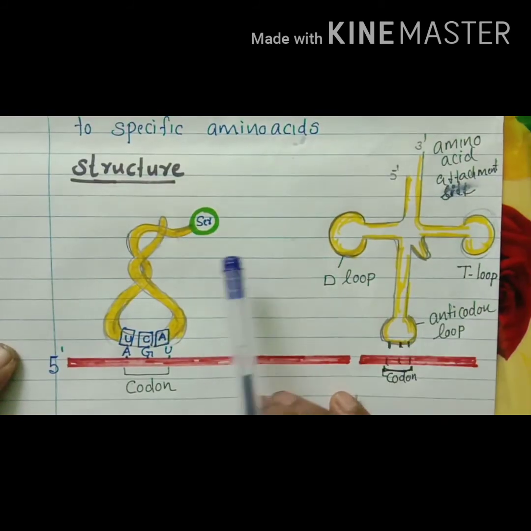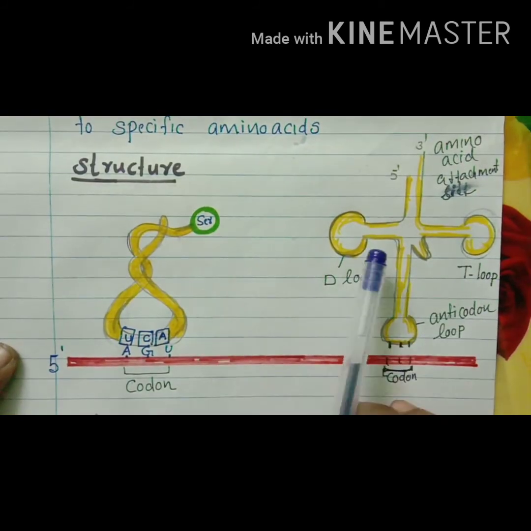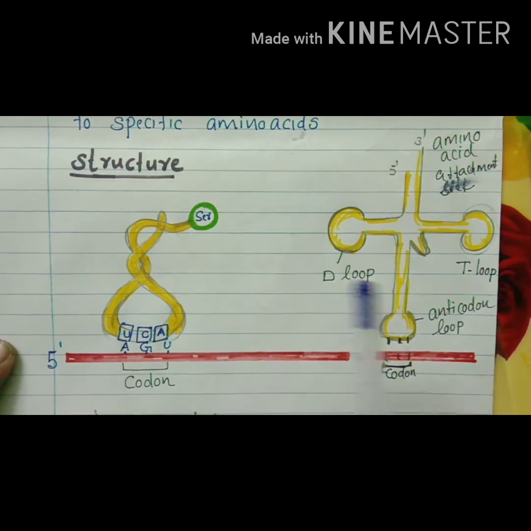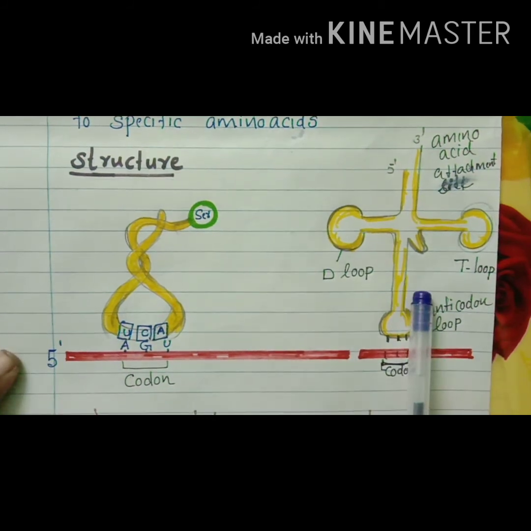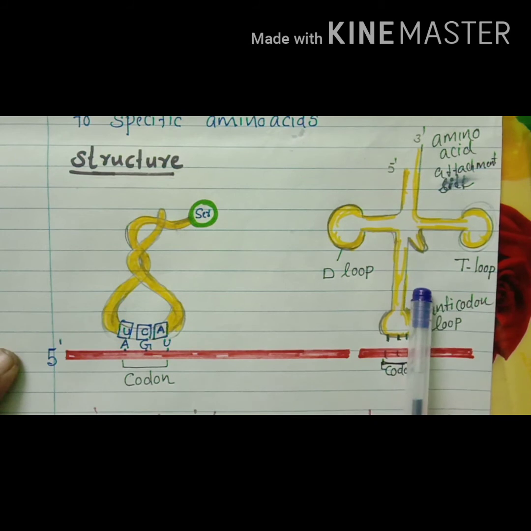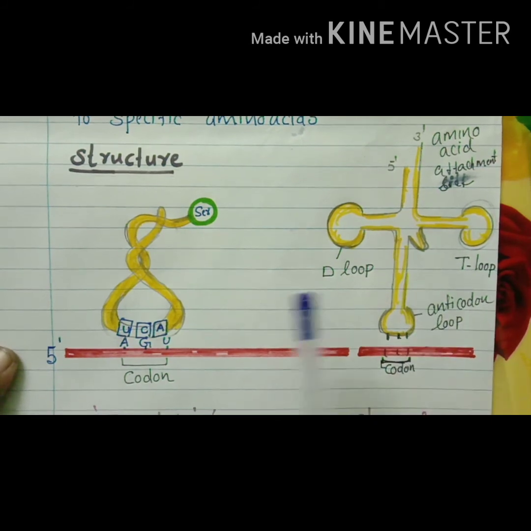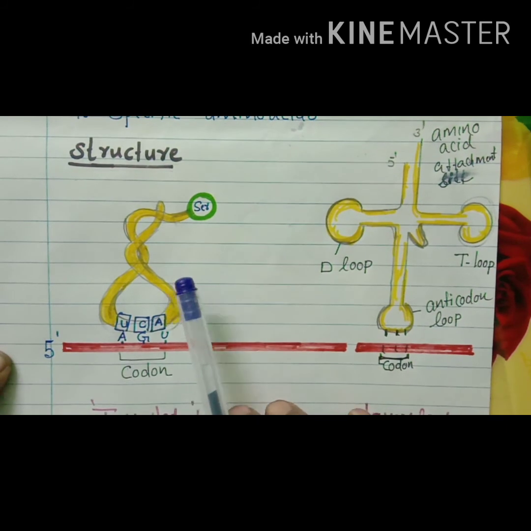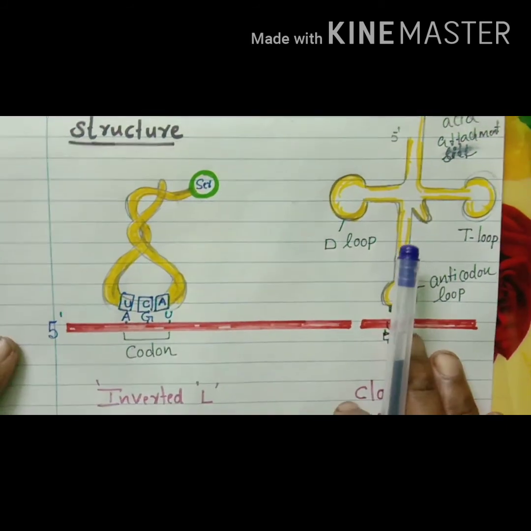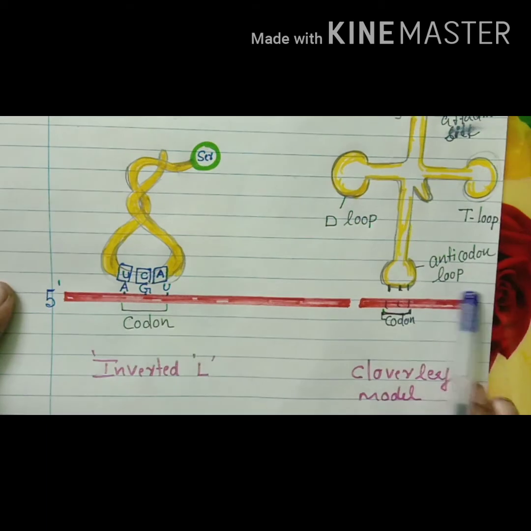Next comes the structure of tRNA. These are the 2 types of structure, and this is the clover leaf model of tRNA. That is, its 2-dimensional view is the clover leaf model, and the actual shape of tRNA is an inverted L shape. So this is the inverted L shape, and this is the clover leaf model.